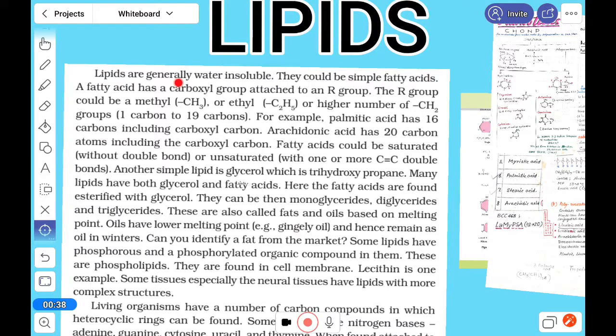So here it is water insoluble. It is the one carboxyl group attached with the R group. So let's see all these facts which are described here, so we can understand the structural point of view and the functional point of view also.